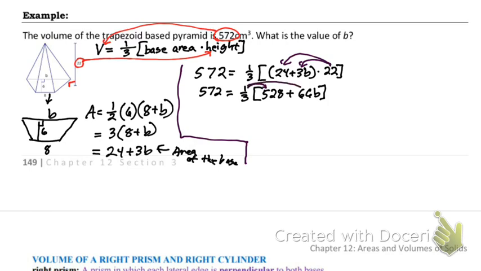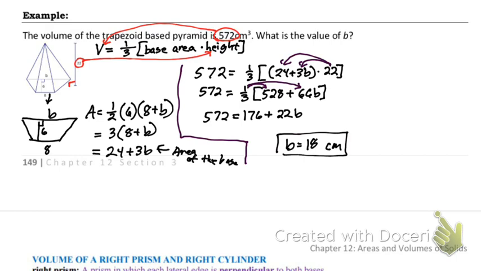So I'm basically dividing everything by 3. So we have 572 equals, what's 528 divided by 3? 176, thank you. Plus 22b. Now I'll subtract 176 on both sides and divide everything by 22. You should come up with b equals, what would that be, 18? Is that right? 18 centimeters. I heard some head nods, so my mental math was right.